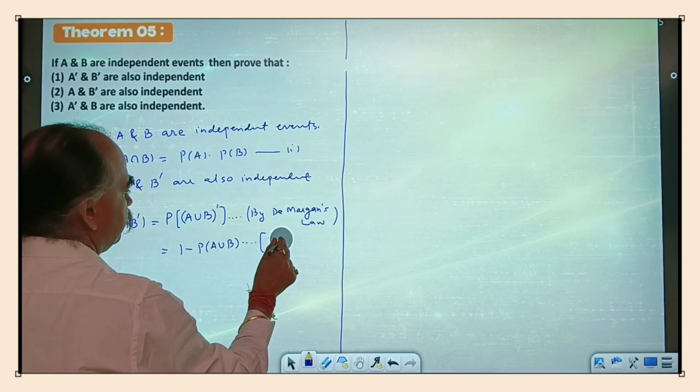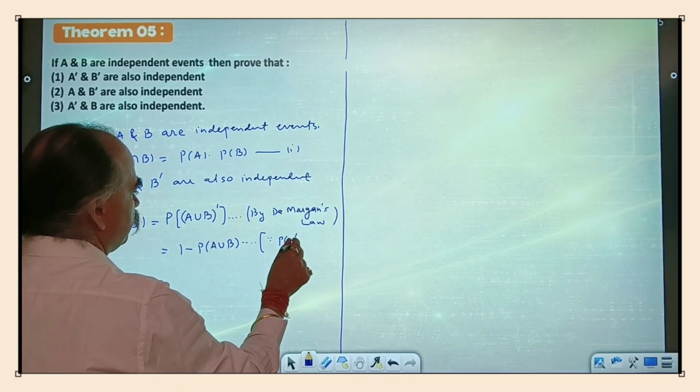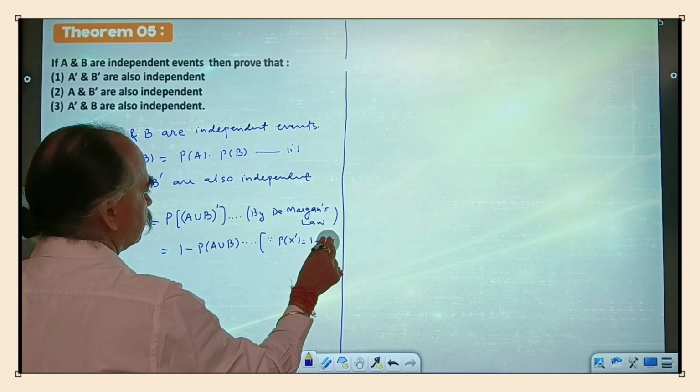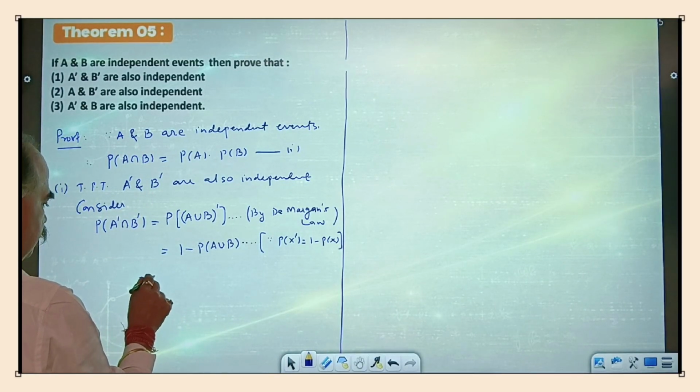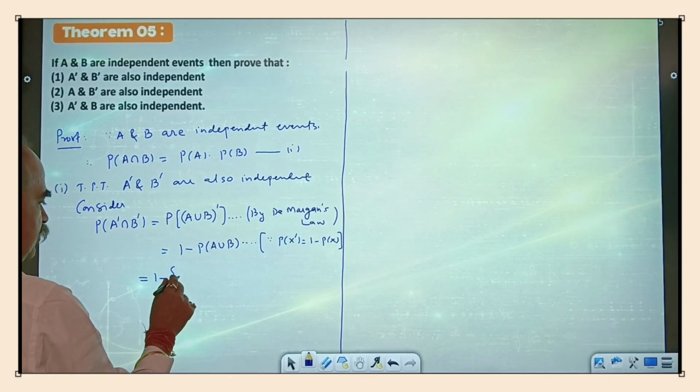Since probability of X complement is what? 1 minus P(X), which is 1 minus P(A union B), which is what?